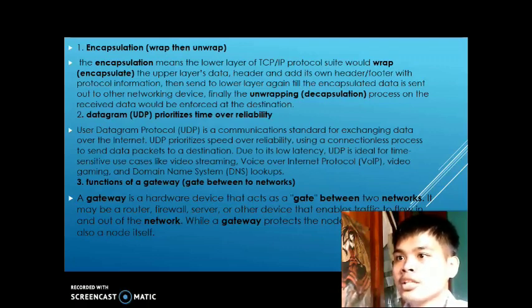UDP prioritizes speed over reliability, using a connectionless process to send data packets to a destination. Due to its low latency, UDP is ideal for time-sensitive use cases like video streaming, voice over the internet protocol, or VoIP, video gaming, and domain name system, DNS, lookups.